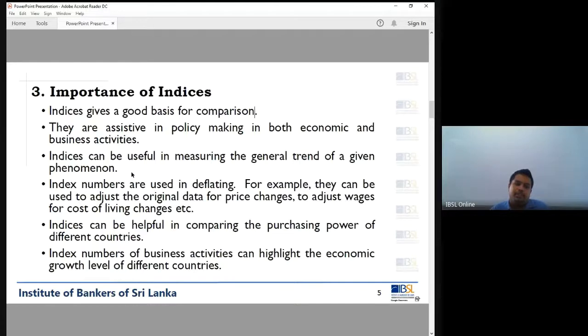Fourth point, index numbers are useful in deflating. For example, they can be used to adjust the original data, price changes, to adjust wages for cost of living, etc. So the point 4 says when you are using index numbers for decision making, the most commonly used instance would be to do adjustment to various variables. For instance, if you look at salary slips of salaried employees, you may see a cost of living allowance.